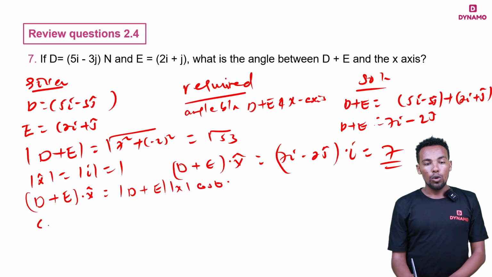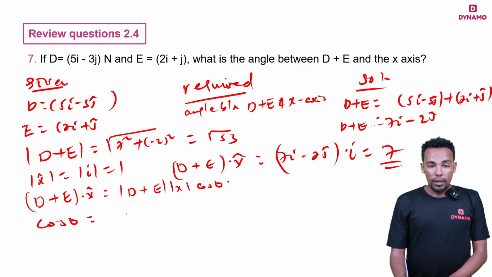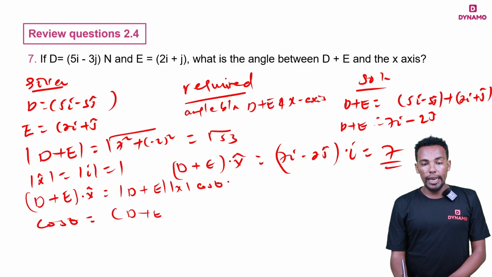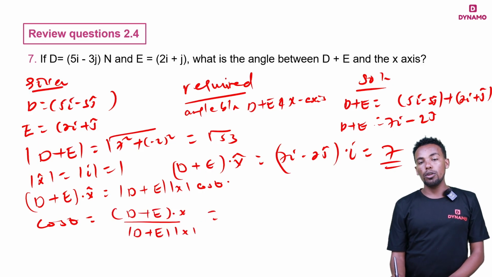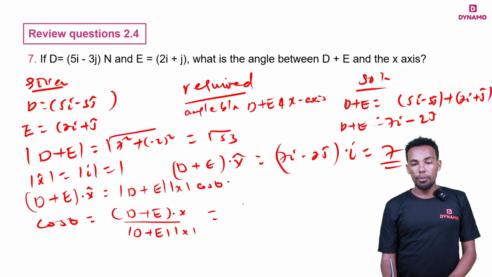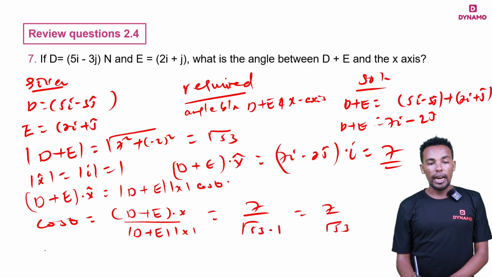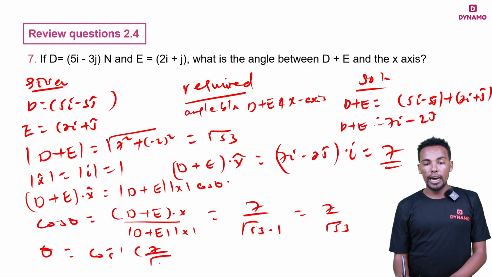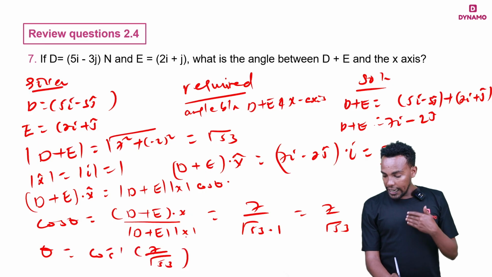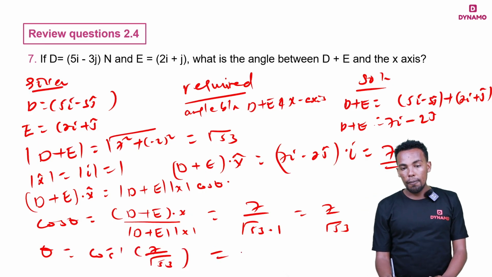So cos theta is D plus E dot with I over magnitude of D plus E times magnitude of I, which is 7 over radical 53. The angle is cos inverse of 7 over radical 53.